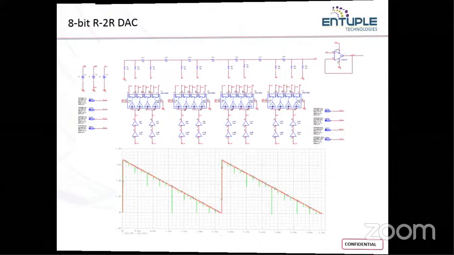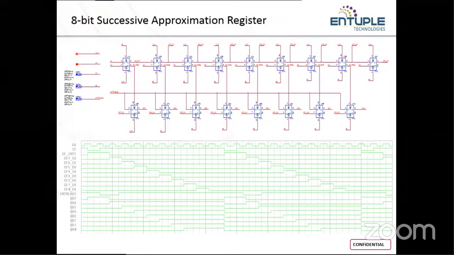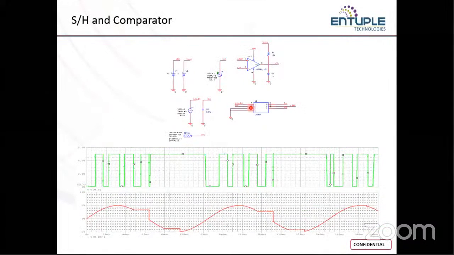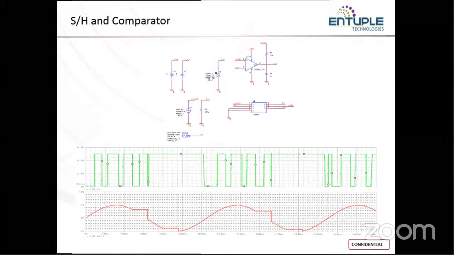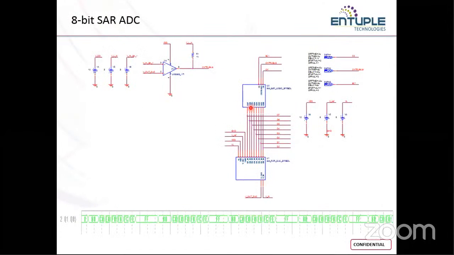The same case with the successive approximation register, but here you don't have any issues. It is all available linearly. So the R2R ladder DAC and the successive approximation register.